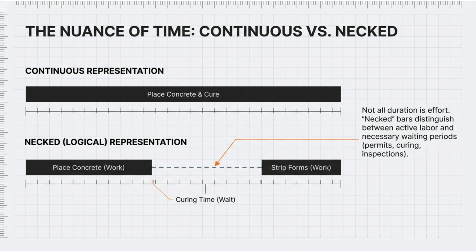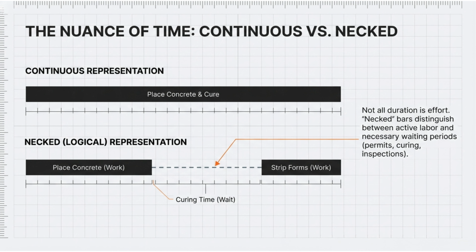This is where the necked bar comes in. Instead of one big continuous bar, you draw the work portion as a full bar, then a thin dotted line, the neck, representing the waiting period, and then another full bar for the resumption of work when you strip the forms.